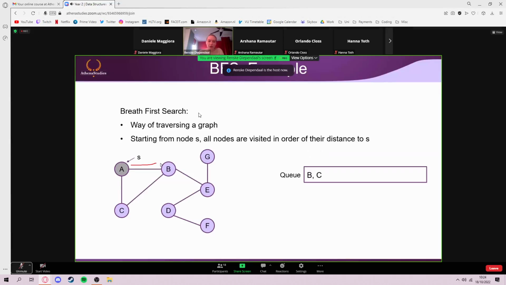Put all neighbors, everything with a length 1 path between it, is going to be next in the queue. So we can go to B and to C. So we put those in, and then we just look at the first node that we have. Order between B and C doesn't matter because they both have the same distance to S, or to A in this case.